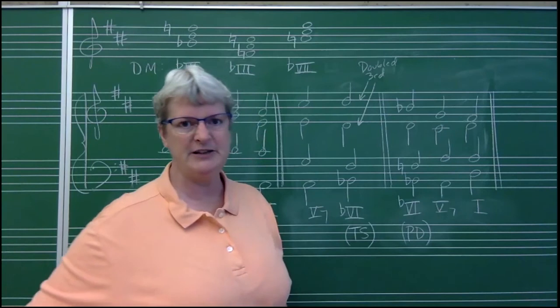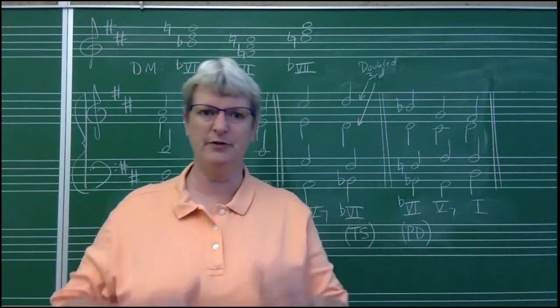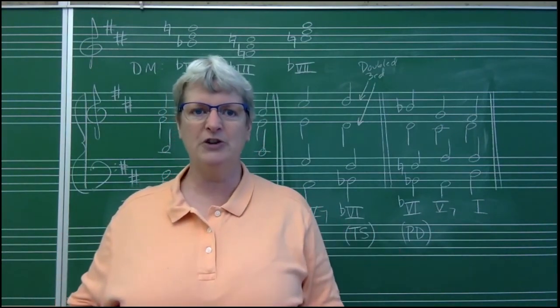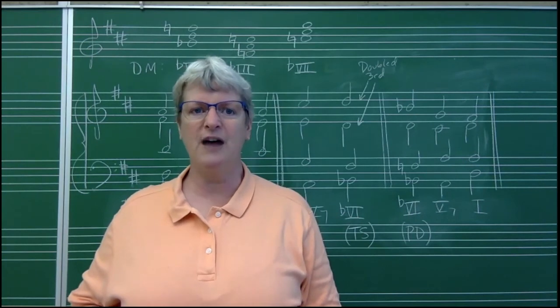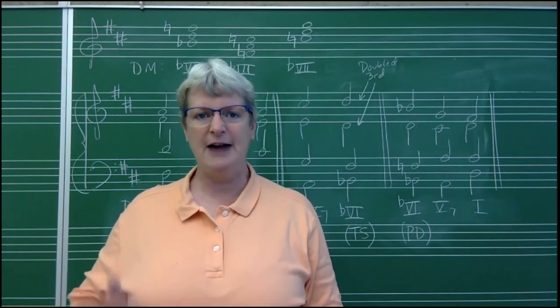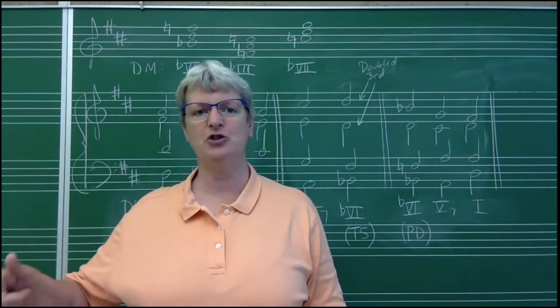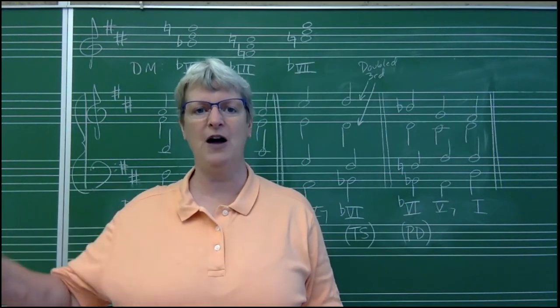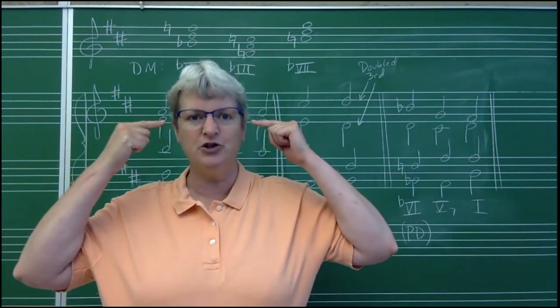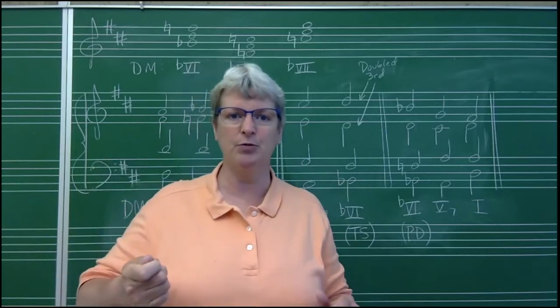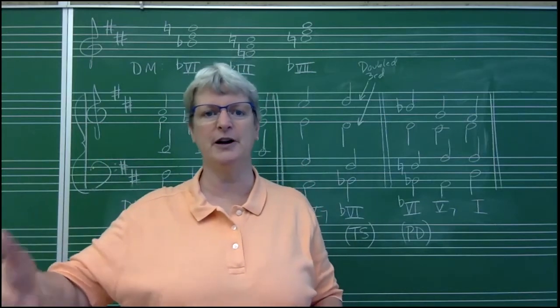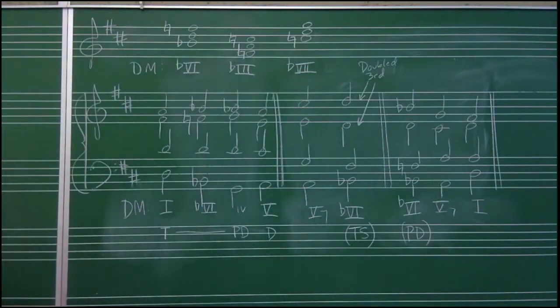Let me play these 3 examples for you, again on the very out of tune piano. I'm going to start by playing 1-4-5-1. I'm going to do that actually before each one of the progressions so that you can first hear 1-4-5-1 to get your ears attuned to D major, and then I'll play the progression, and then I'll do the same thing for the next and the next progression.